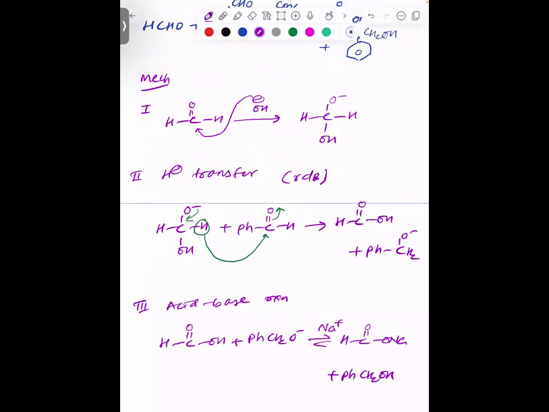In a crossed Cannizzaro reaction, the more reactive aldehyde undergoes oxidation, and the less reactive aldehyde undergoes reduction. Make it fast.